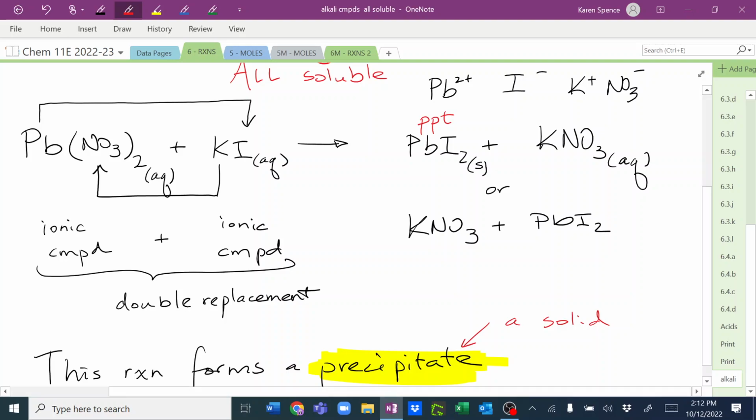So we could balance it by putting a 2 where? In front of everything here? No, okay. In front of most things though. Let me just find my erase button. There we go. Okay. But if we put a 2 here and a 2 here, we're good. All right.